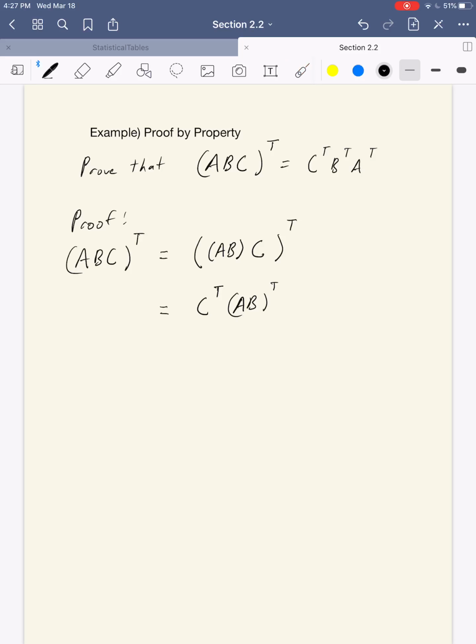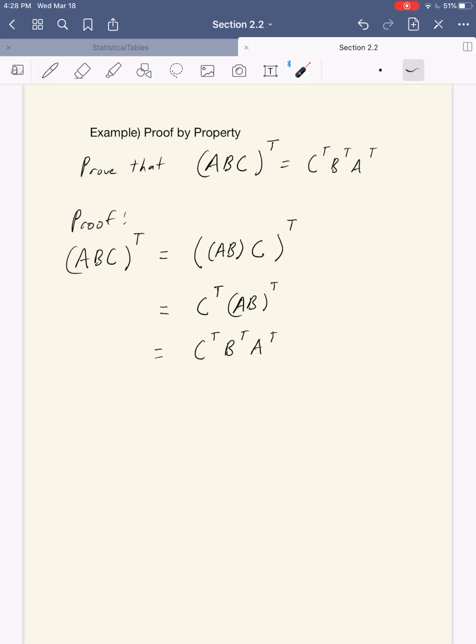Now, if you think about this term here, this transpose is applying to another product of two matrices, and we know how that works. So this would become C transpose, B transpose, A transpose, because once again, when this transpose distributes on that product, it changes the order, and each one gets a transpose. So that's exactly what we wanted to show.